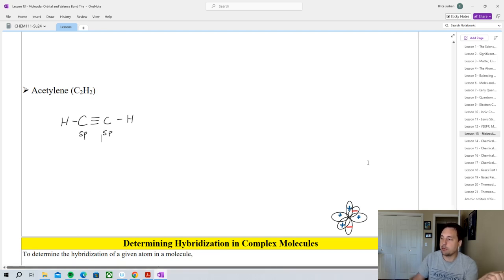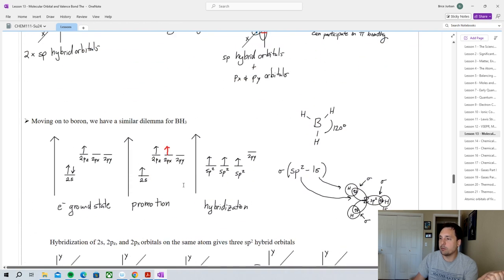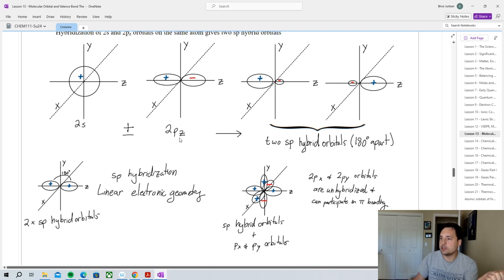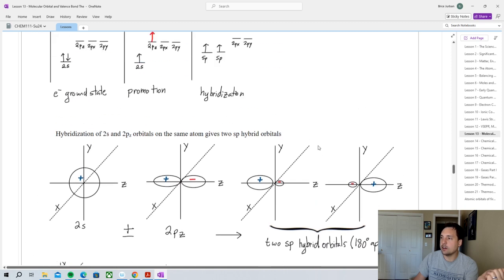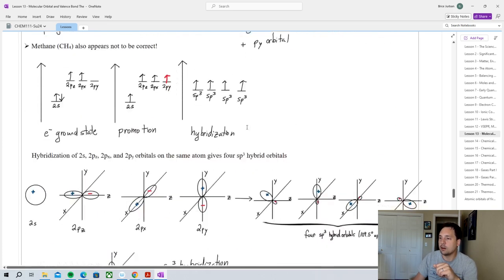And when we have sp hybridization, if we look back up here, we see that we combine the 2s and the 2pz atomic orbitals, giving us 2 sp hybrid orbitals, leaving these 2px and 2py orbitals unhybridized. These are what are going to contribute to the triple bond of acetylene.